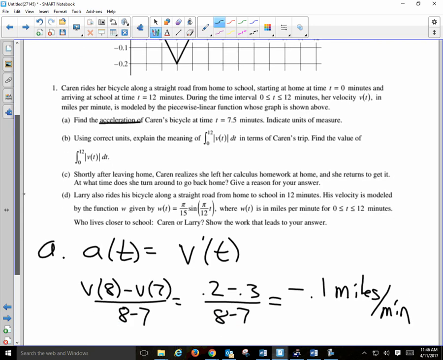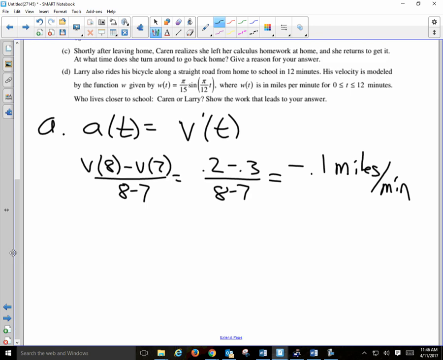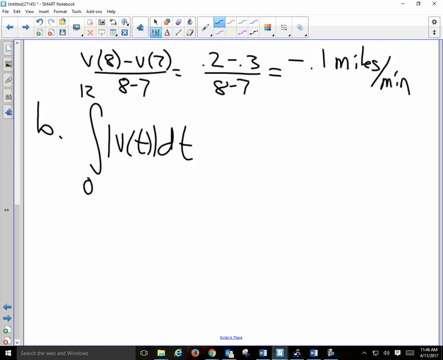Indicate units of measure. B says using correct units, determine what that means. And we're going to find that value. So B says the integral from 0 to 12 of the absolute value of v of t dt. What the heck does that mean? Yes. Is the total distance in what?